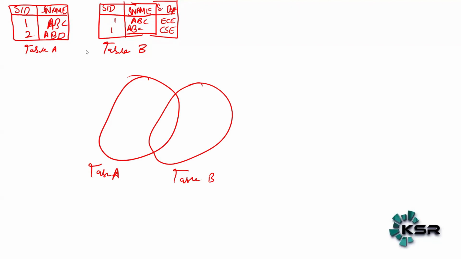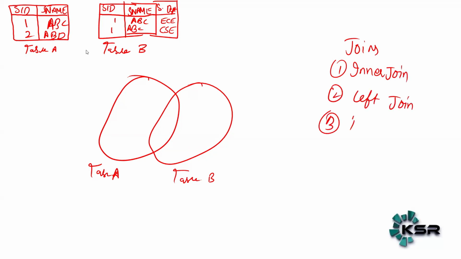There are a few types of joins. Inner join, left join, right join, outer join.